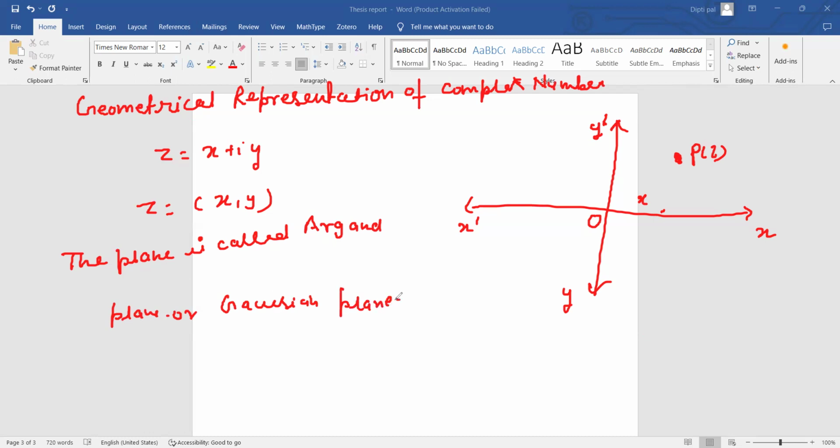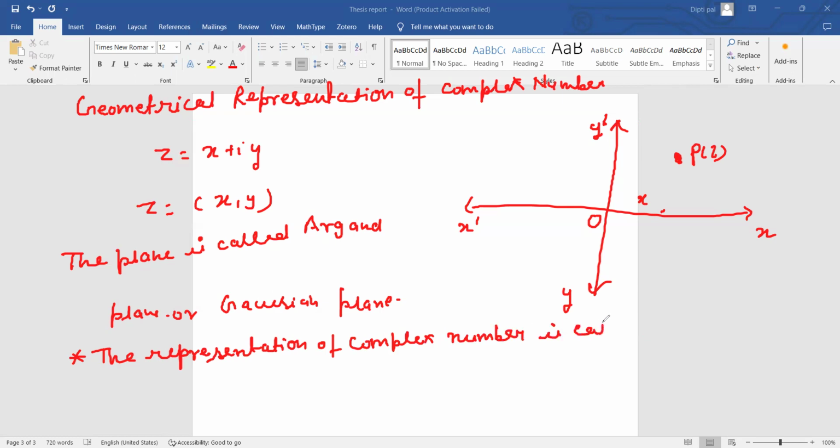The representation of a complex number is called an Argand diagram.